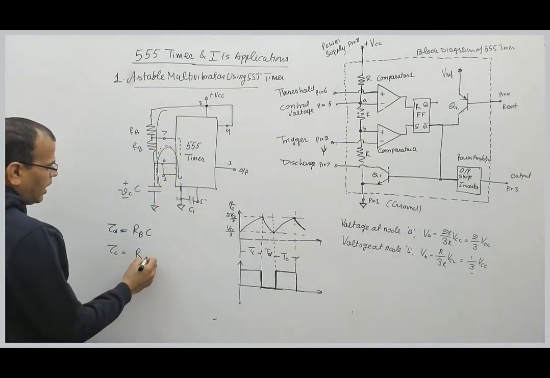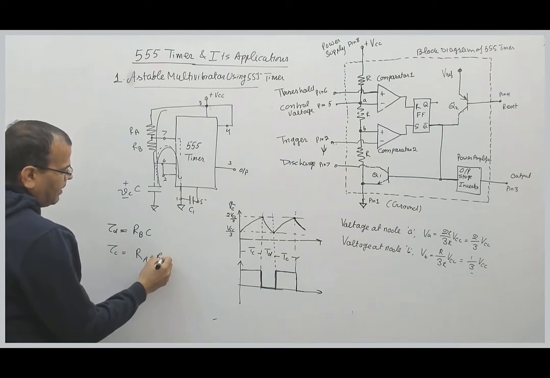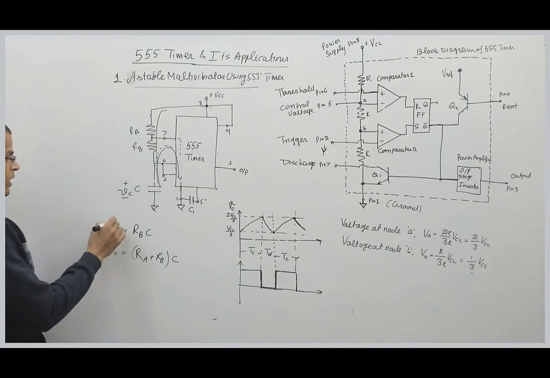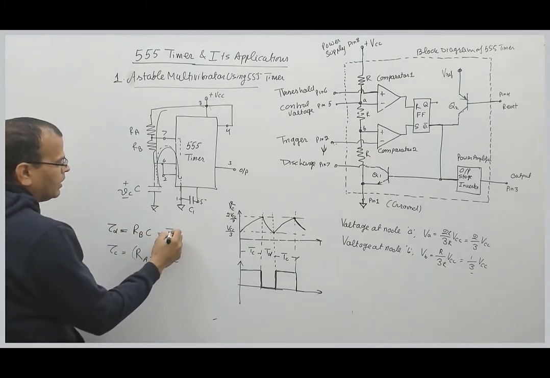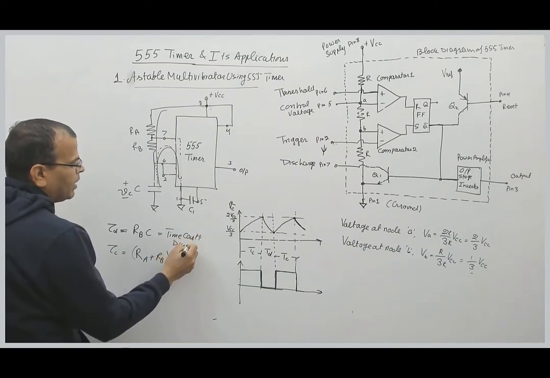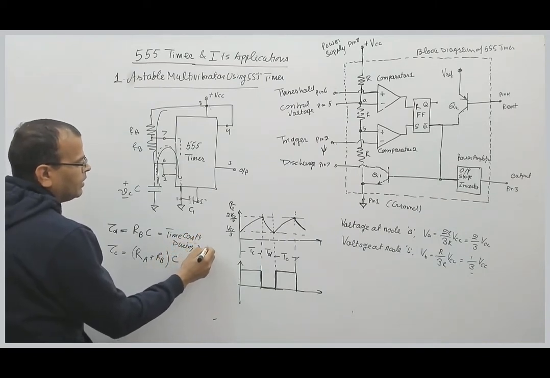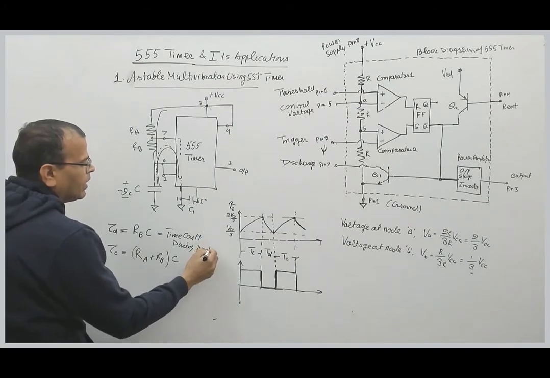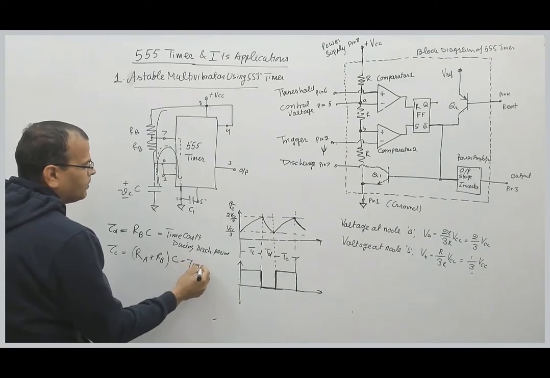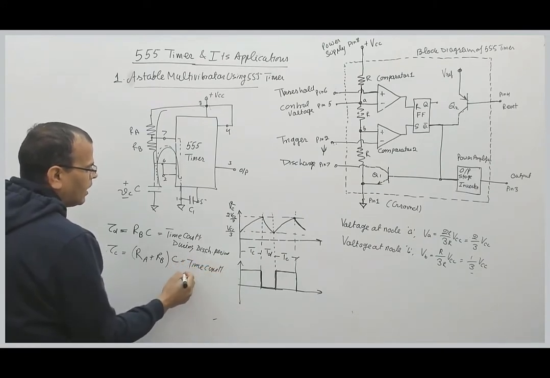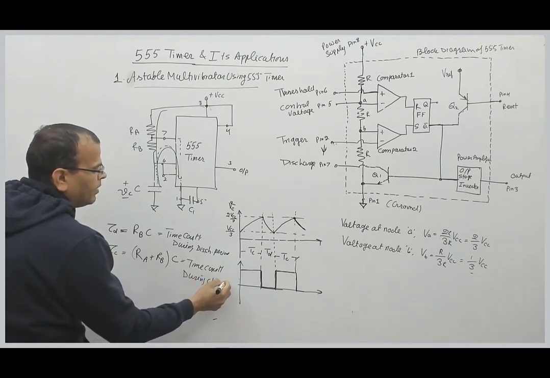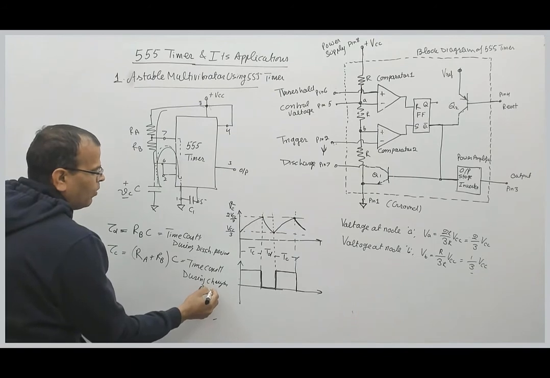So this is (RA plus RB) into C. This is the time constant during the charging period, and this is the time constant during the discharging period. I hope this is clear.